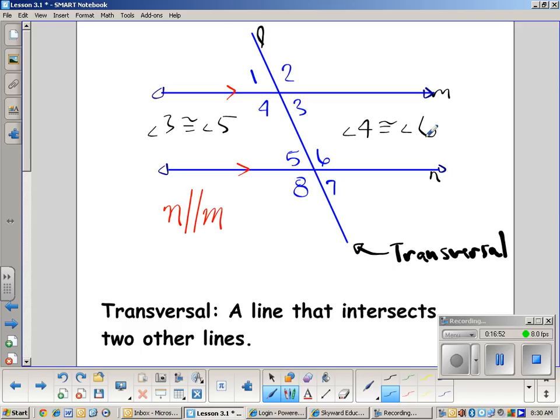Yep, alternate interior, there's only two pair. So would you say the whole statement for me? Measure of angle 3 equals measure of angle 5. There you go. Good. Okay?